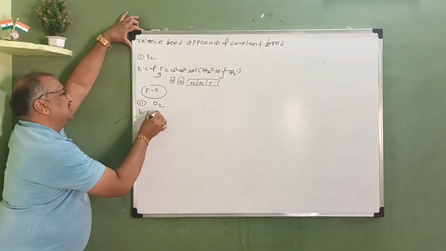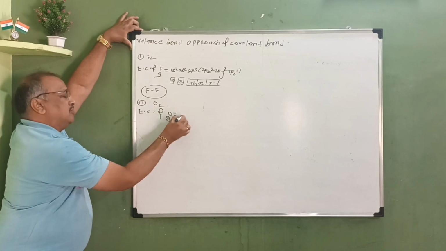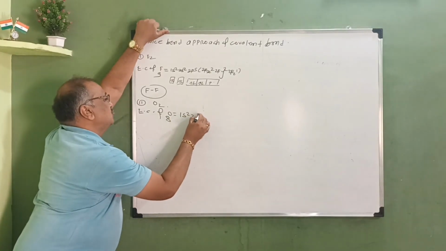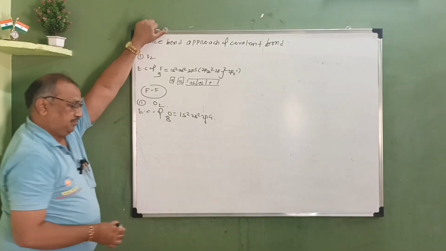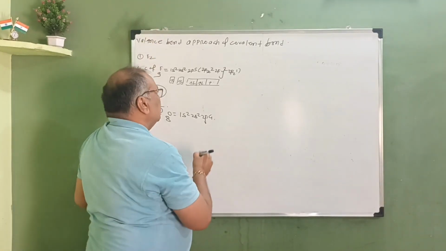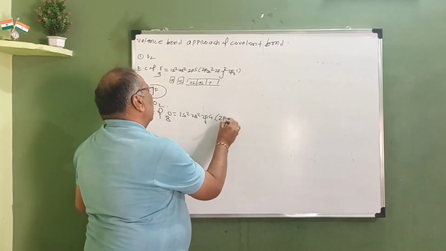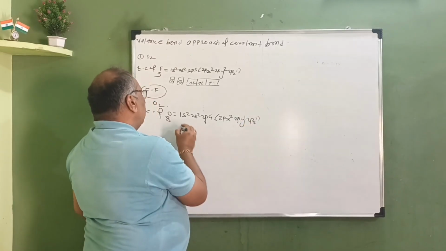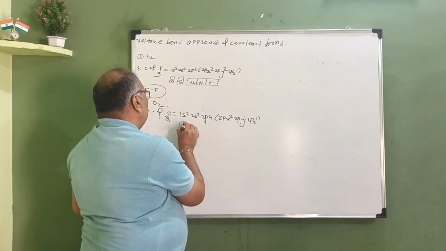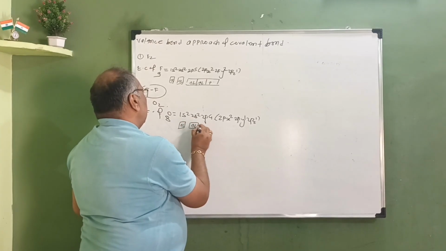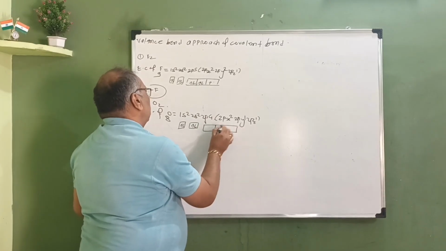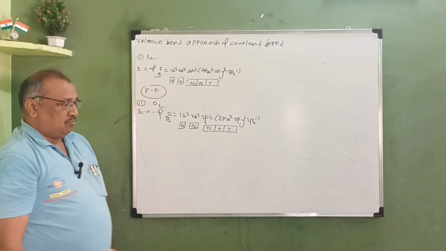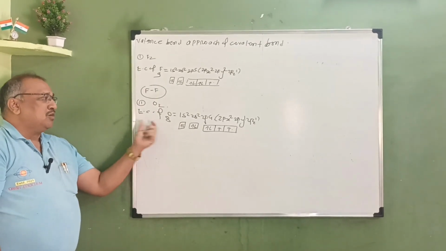The electronic configuration of oxygen is 1s2, 2s2, 2p4, that is 2px2, 2py1 and 2pz1. Now, the oxygen atom has two unpaired electrons.